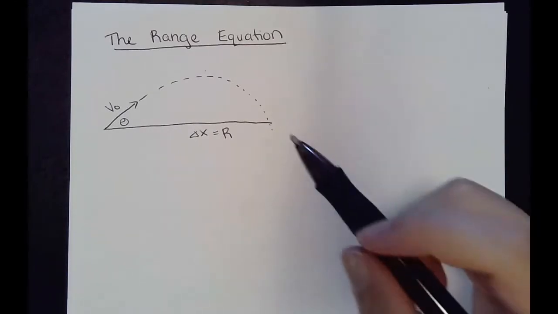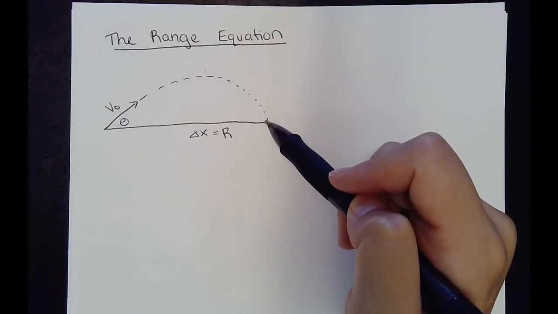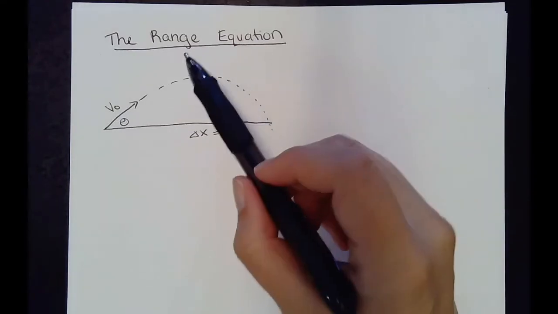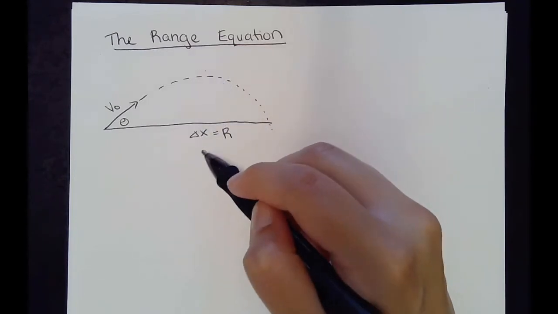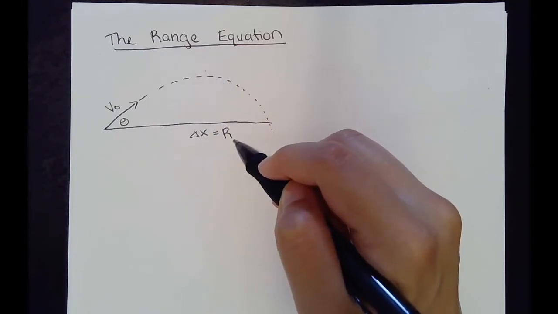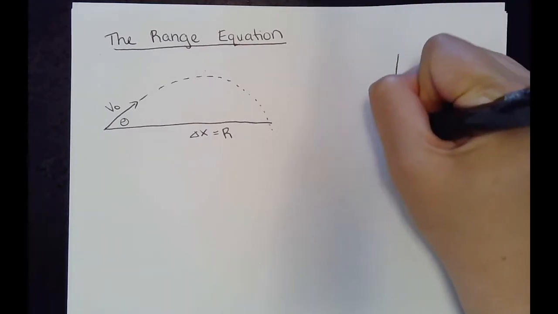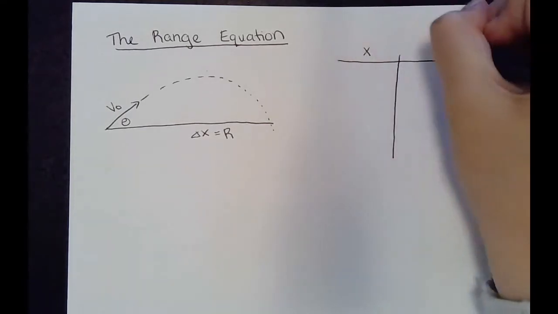When a projectile is launched from a height and returns to that same height, a formula can be derived to determine the range of the projectile. The range means the horizontal displacement of the projectile, delta x, which you may also see called capital R for range. So let's consider this case just like the previous question, where delta y is 0.